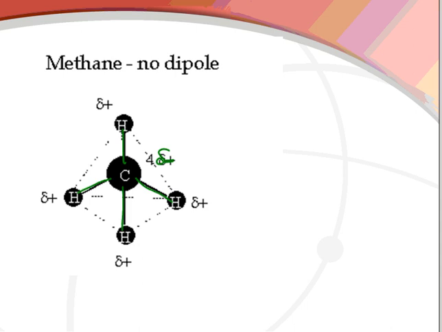And all the hydrogens are positive. We have a symmetrical molecule, and we have that central atom bonded to four of the same atoms. So overall, this molecule has no polarity because, again, I cannot separate the partial positive and the partial negative charges.